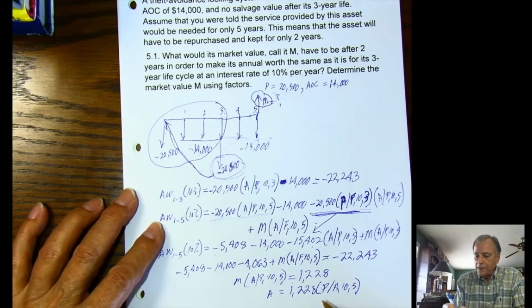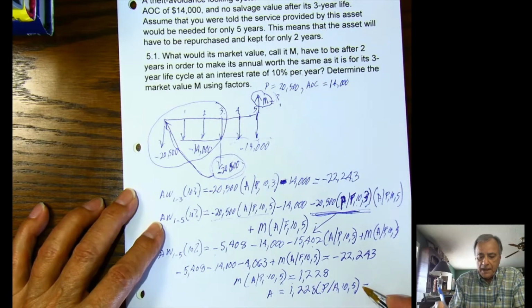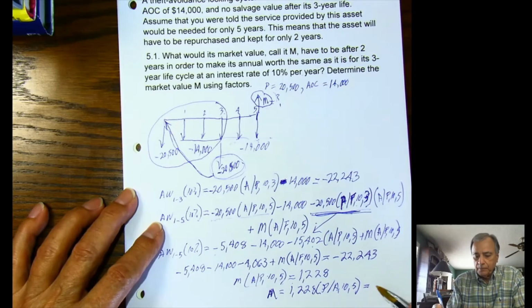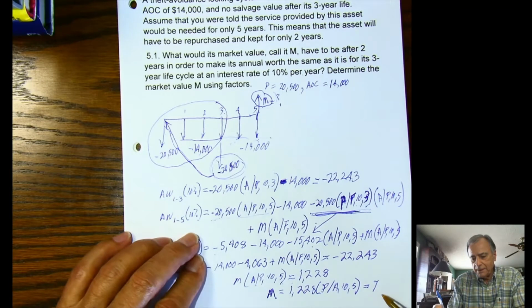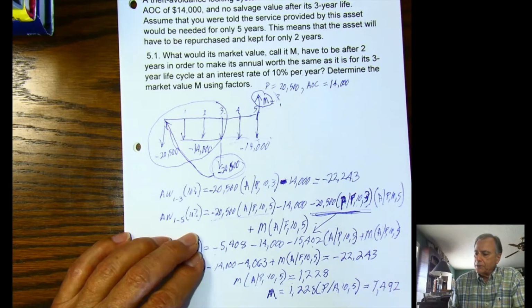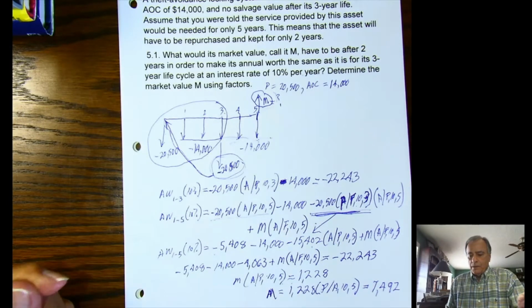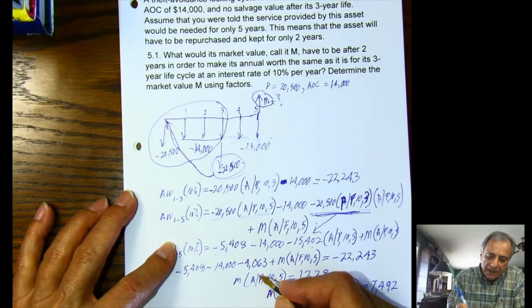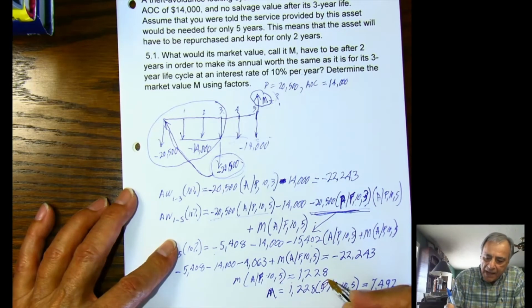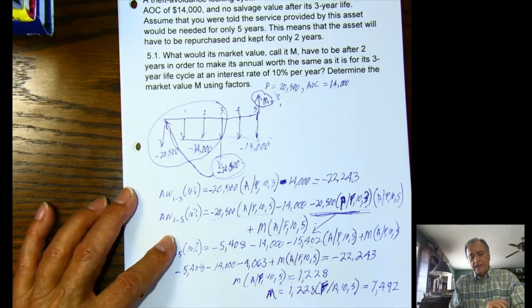And when I do that, I will get M equals 7,492. I made one mistake. This is F given A. This is A given F, and so this is going to have to be F given A. And when I do that, I'll get that value.